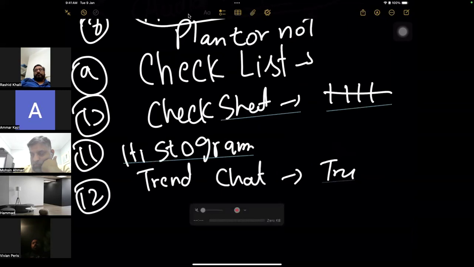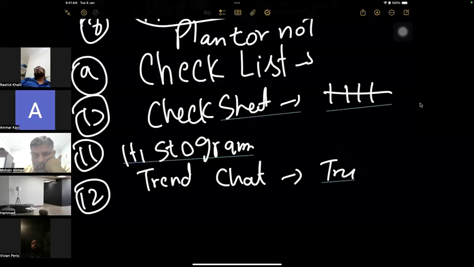Let's go one more time with, I guess, 12 tools. Any other tools we missed here? No? Okay. So one more time, we'll go through these 12 tools. Yes, I put the trend chart there.